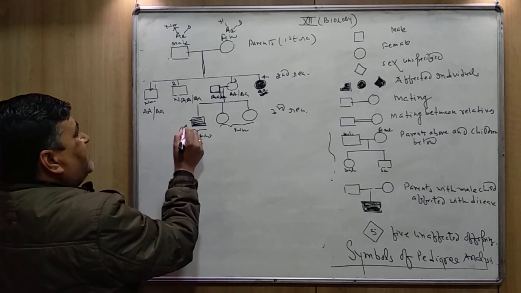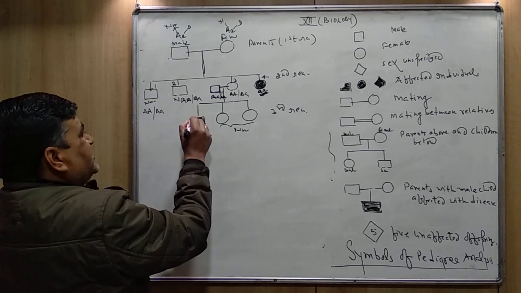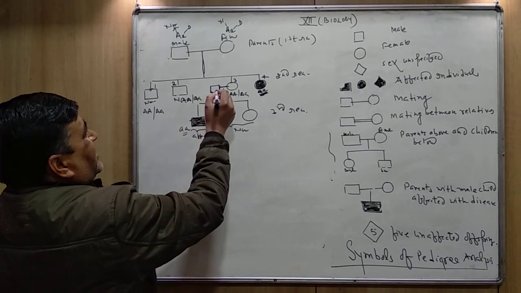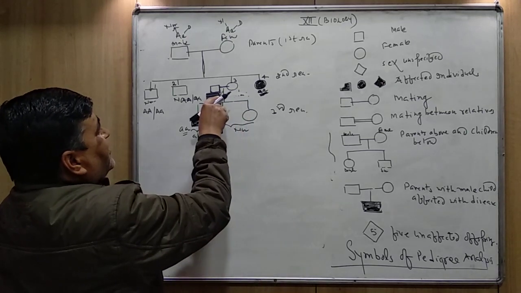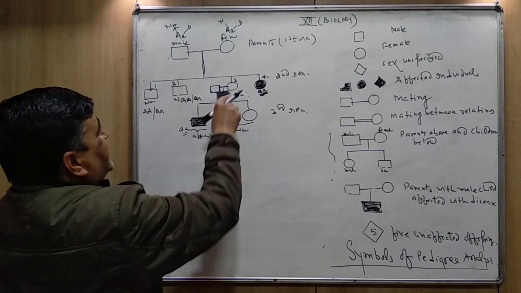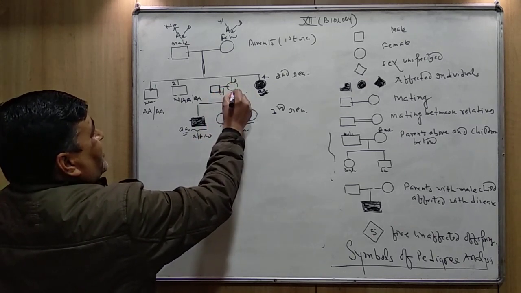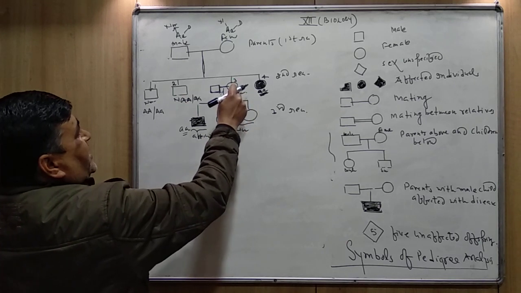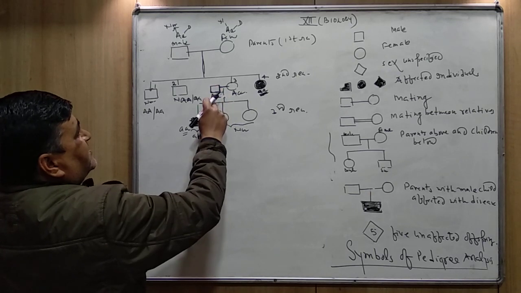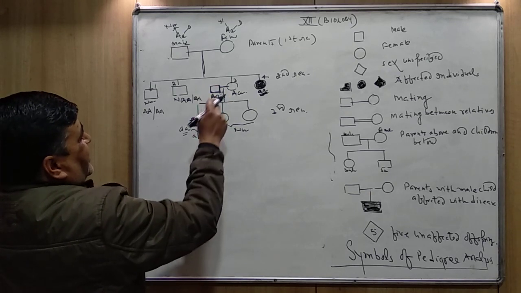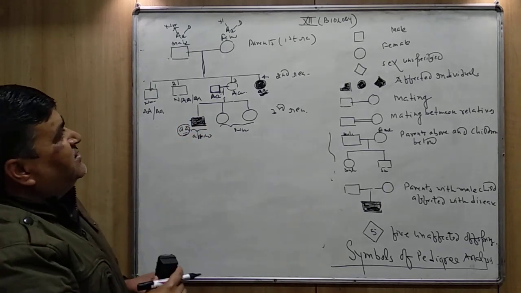The genotype of this affected male child is small aa, and you can predict the genotype of this third daughter is capital A, small a, and that's why this condition comes into the third generation.